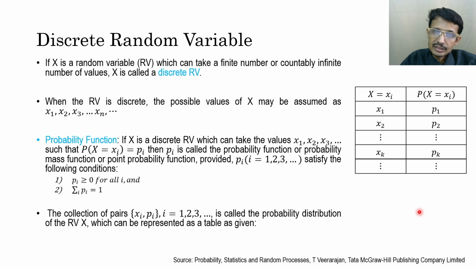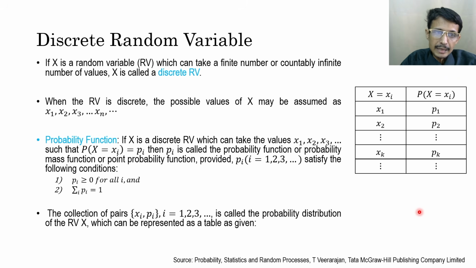If x takes the values x1, x2, x3 and so on, such that P of capital X equal to xi is equal to pi, then pi is called the probability function, or probability mass function, or point probability function, provided pi satisfies the following conditions.